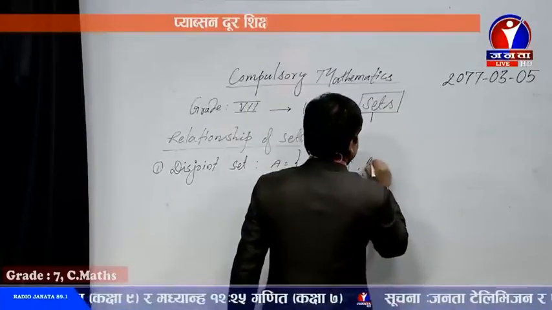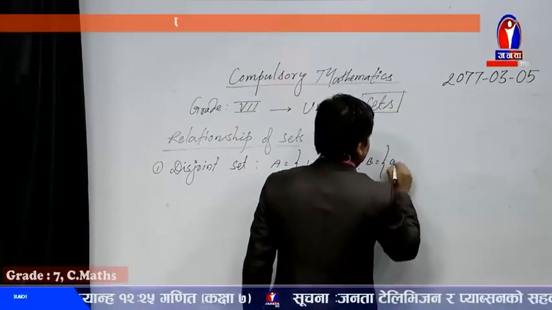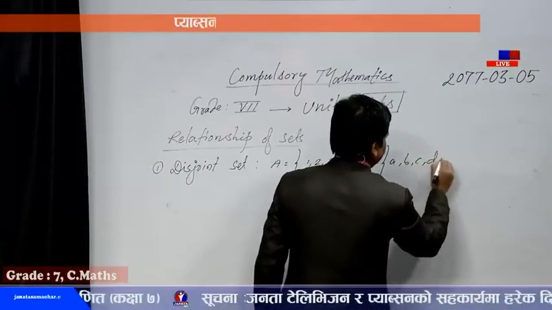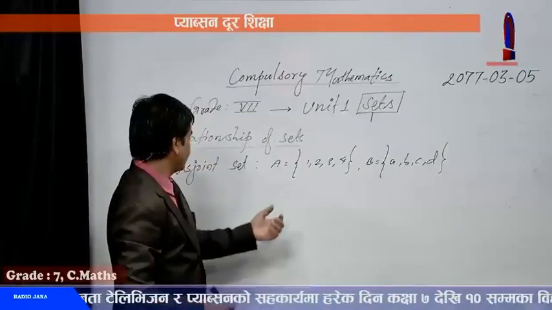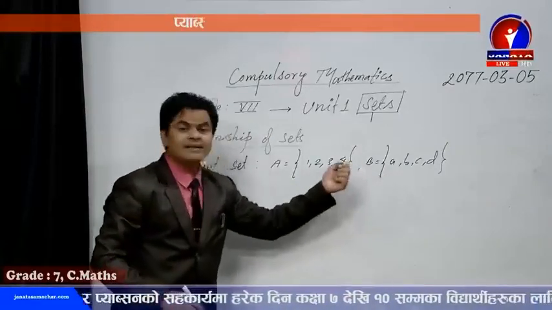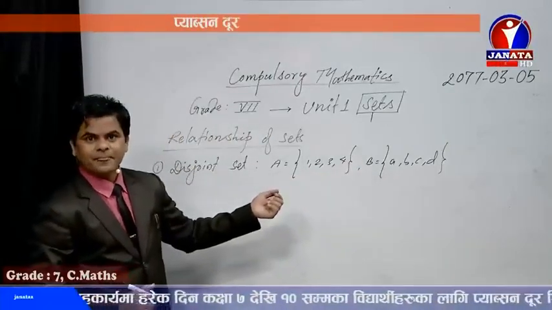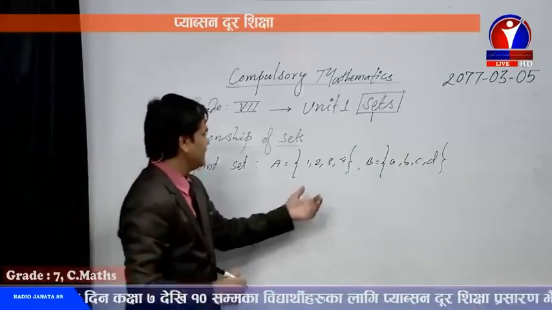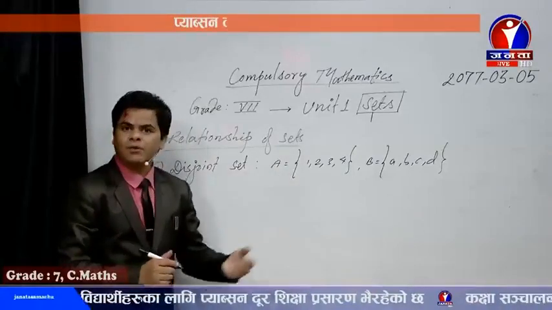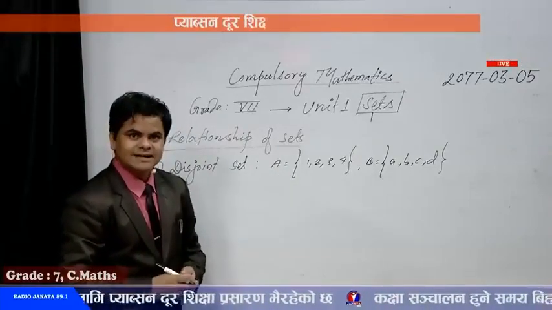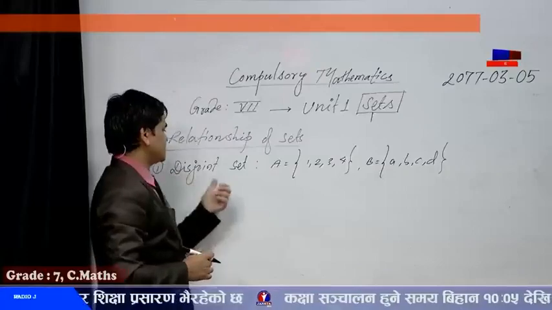Now, let's take set B: A, B, C, D. Here are also 4 elements and here are also 4 elements. But is there any similarity between the elements? No. That's why that type of set is known as disjoint set. If there is no common member between the two sets, that is known as disjoint set.